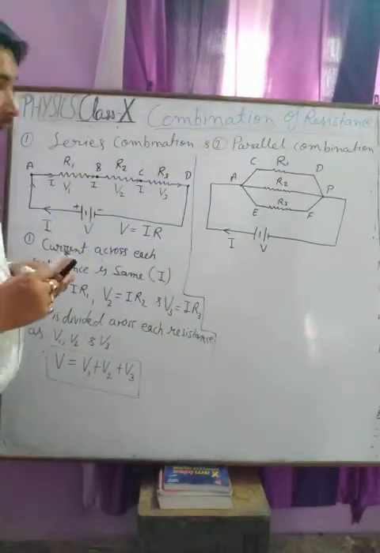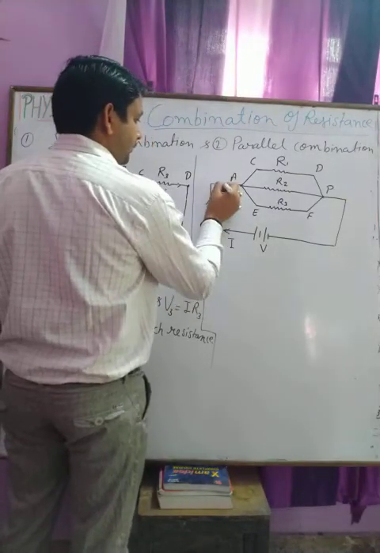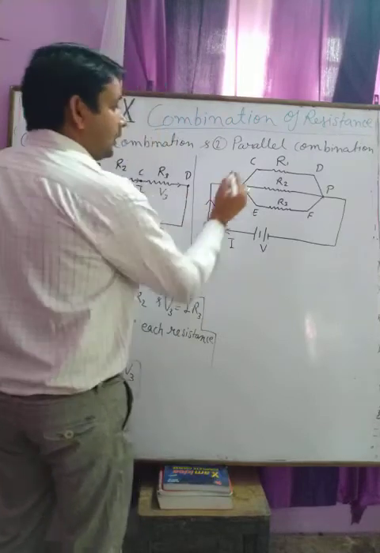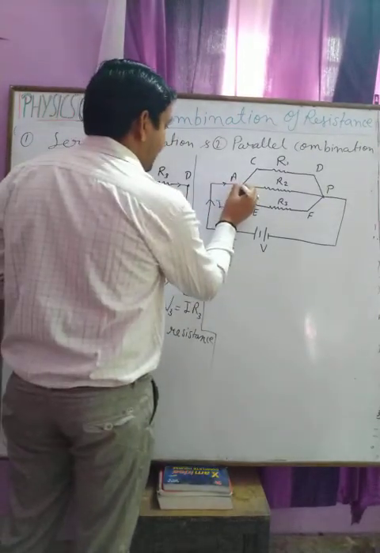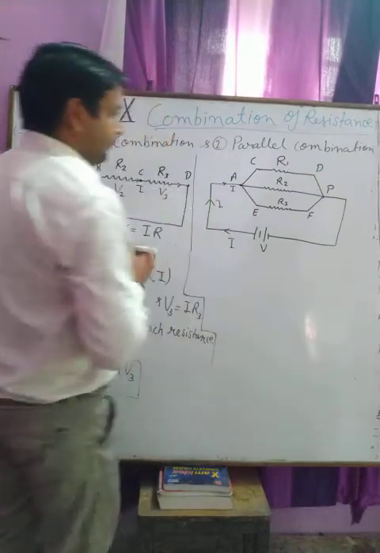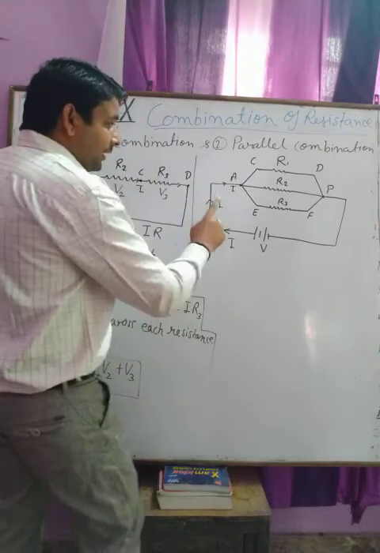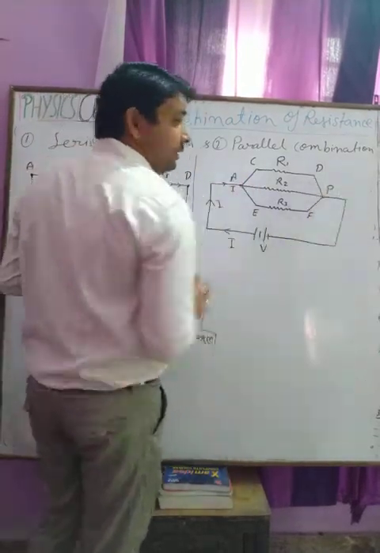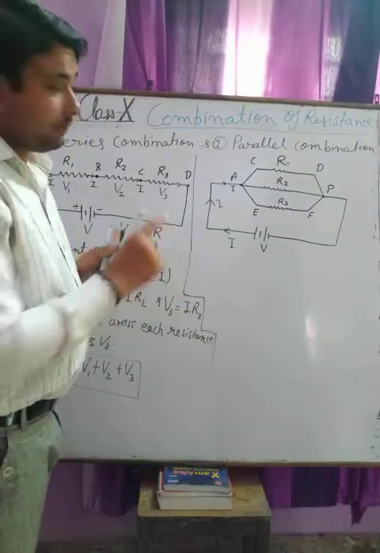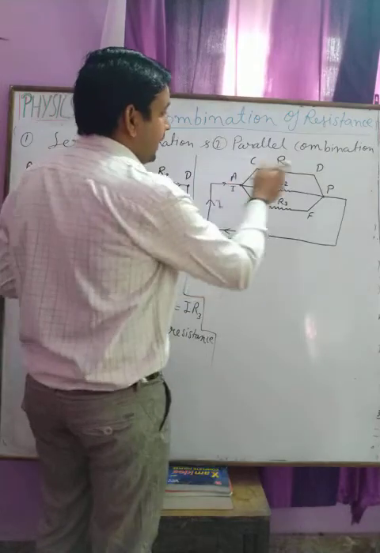Let it be I. This current I flows through the circuit until it reaches point A. Up to here it has current I. Clear student? But after that the current is able to move in three wires, or three lines, or across three paths.